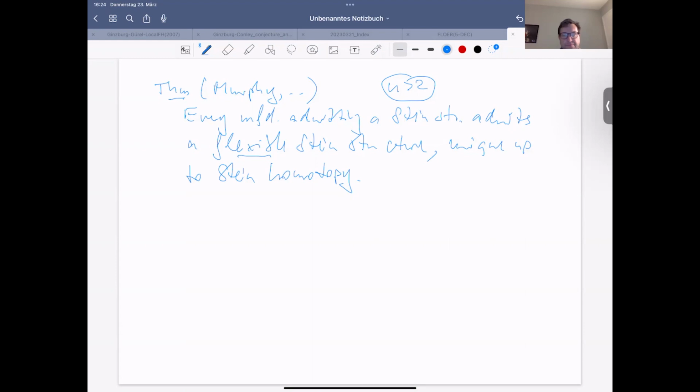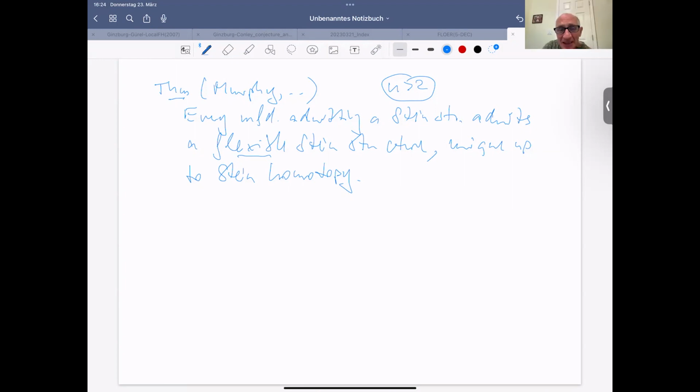Or alternatively, you construct the Stein structure and just quote Yasha's theorem, and then there's a stabilization procedure, well, not so easy. No, I'll take it back. So you construct it directly to make it flexible.